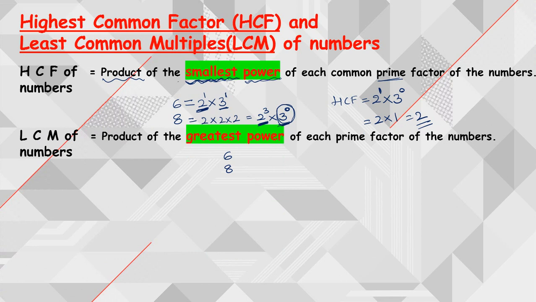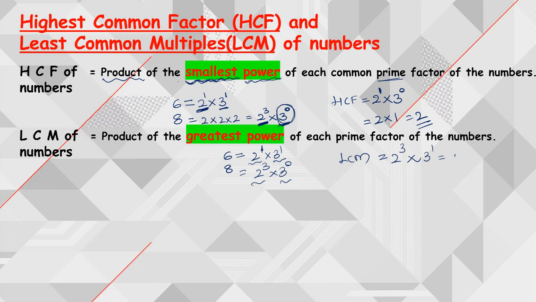In the HCF we consider the smallest powers, whereas in LCM we consider the greatest powers. 6 I can write as 2 power 1 into 3 power 1, and 8 as 2 cube into 3 power 0. To find the LCM, I need to consider the highest power. Among 2 power 1 and 2 power 3, the highest is 2 power 3, and among 3 power 1 and 3 power 0, 3 power 1 is highest.